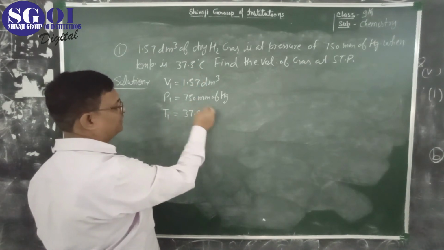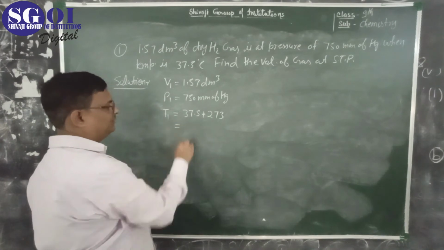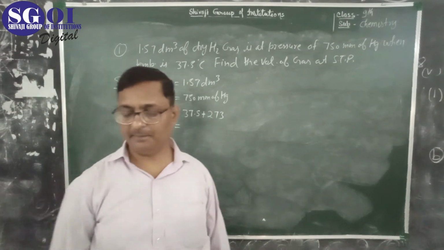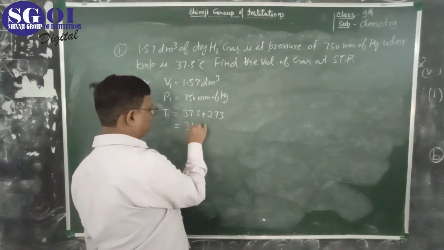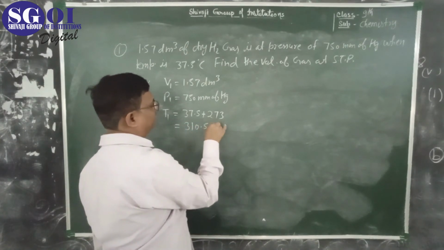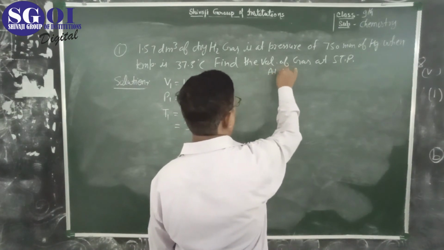You must convert to Kelvin by adding 273. This comes out to be 310.5 Kelvin.